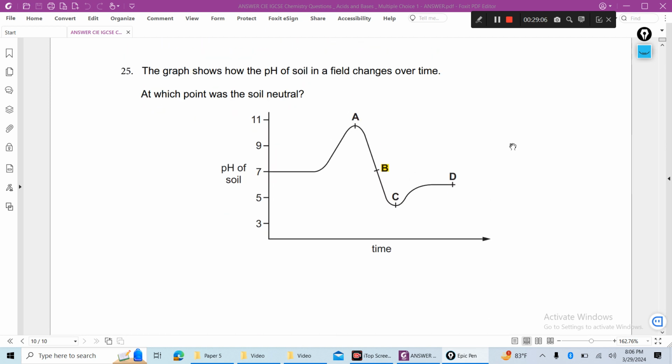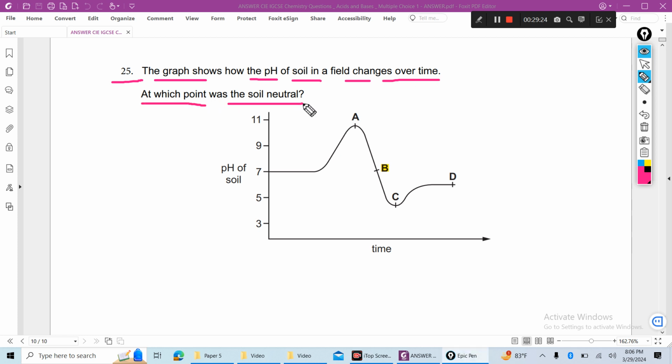Now number 25, the graph shows how the pH of a soil in a field changes over time, and at which point was the soil neutral.